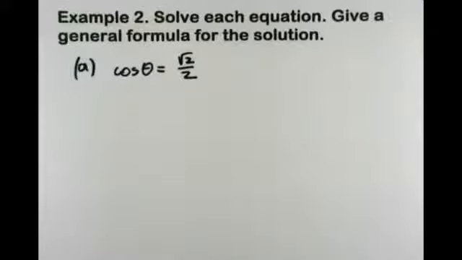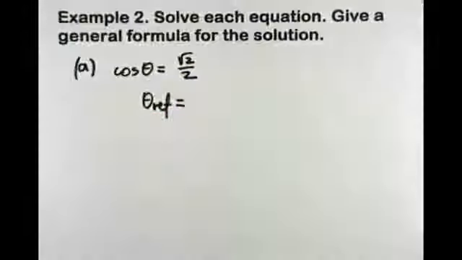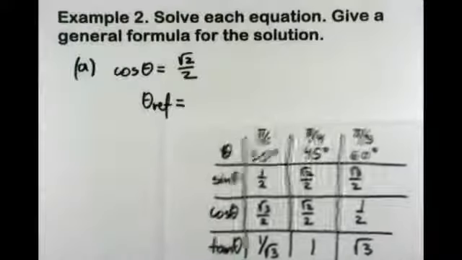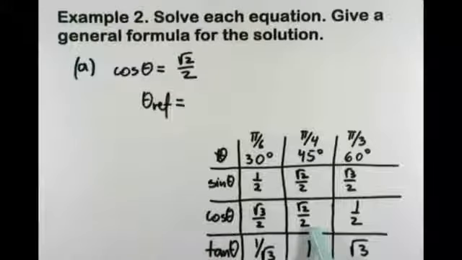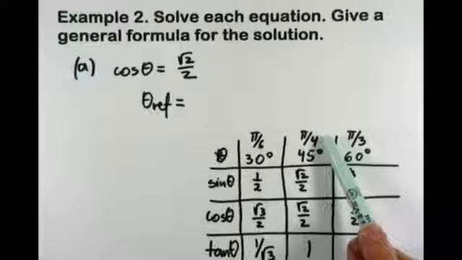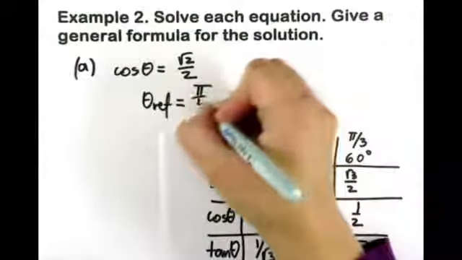We are doing as before, find the reference angle, theta reference. I'm getting this from the chart. Cos theta is root 2 over 2 at pi over 4. So theta reference is pi over 4.